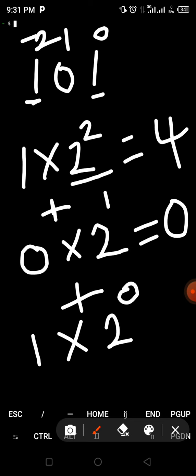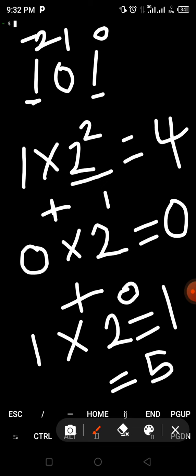Anything raised to the power of 0 is 1, so 1 times 1 is still 1. So you add 4 plus 0 plus 1, which gives us 5. So you understand the concept. The same way we do this is applicable to the conversion of any base to base 10.